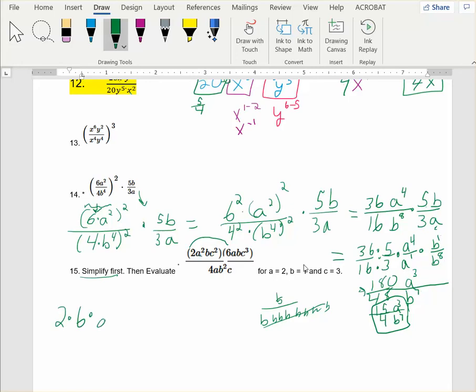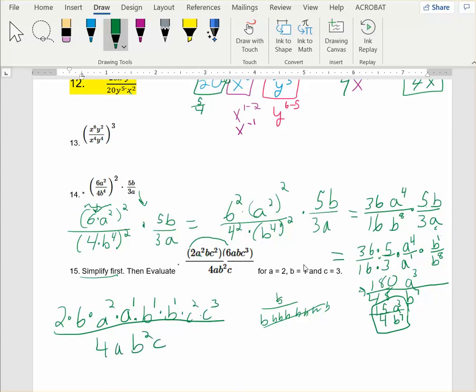So that would be a to the 2nd times a to the 1. If there's no exponent, you can put a 1. And then put the b parts together. That would be b to the 1 times b to the 1. And then the c parts together would be c to the 2nd, c to the 3rd. And then all over 4ab squared c.